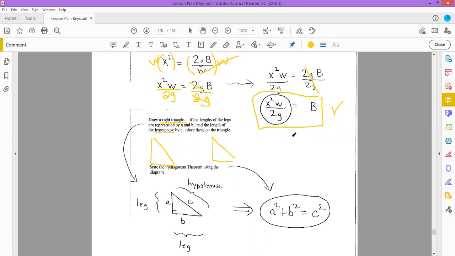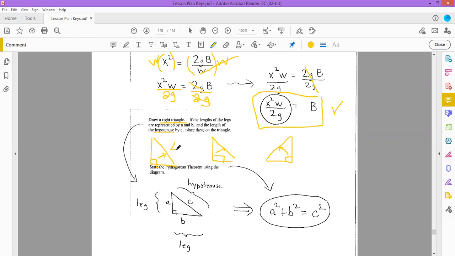And when you draw that triangle, you want to label your legs using A and B and your hypotenuse using C. So first identify where your 90-degree angle is. Where's your right angle? Put a box there. The side that's across from that right angle, that's your hypotenuse.